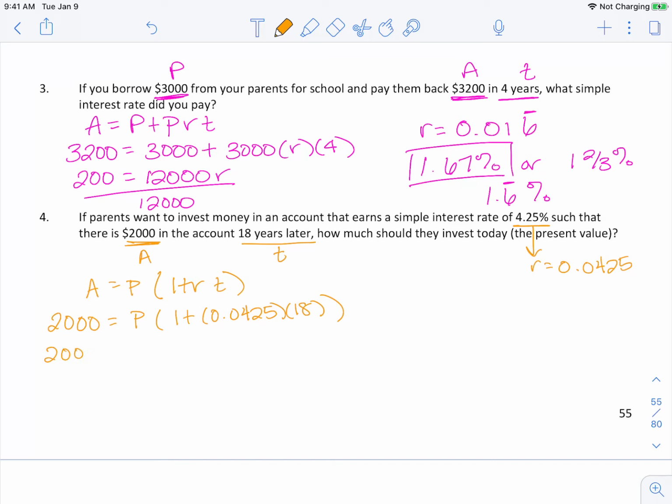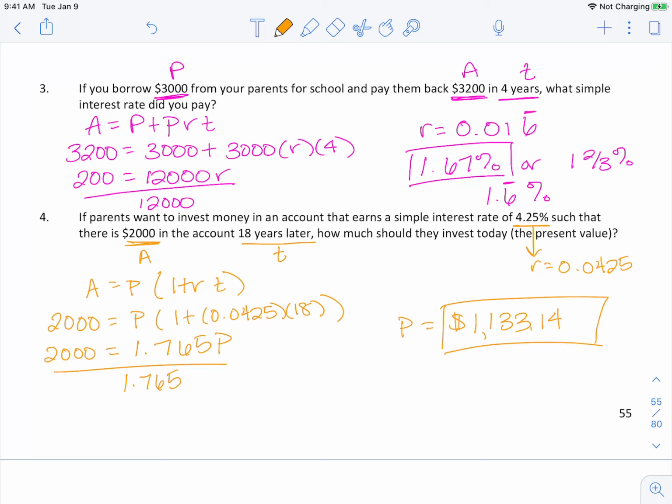So that gives us 2,000 equals 1.765P. We divide by 1.765, and we get that our P, or our principal, is equal to $1,133.14. And that's all we have for today.